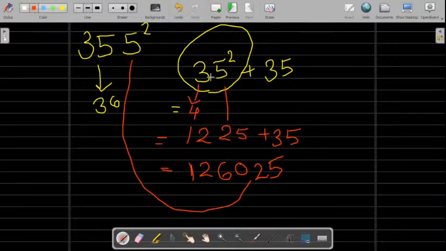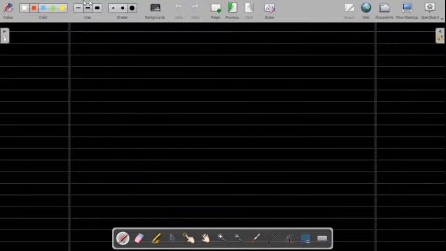Right? So let us go for one more number, that is 455 square. Calculate 455 square. Again, what to do? 45. 45 means what is the next number? 46, right?